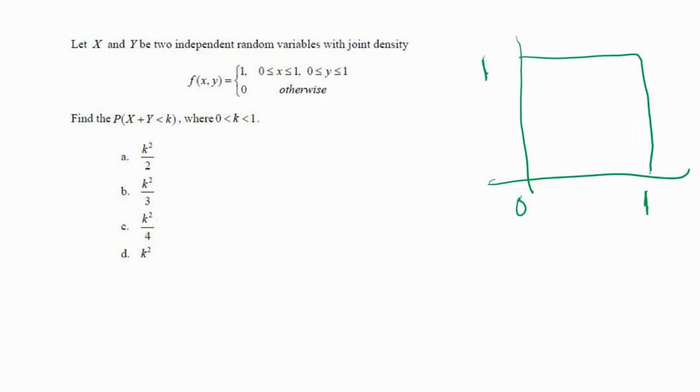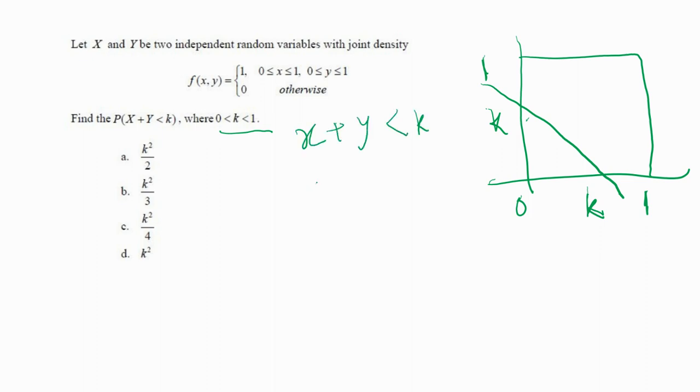This will be the region where the PDF is defined, and we want to find the probability x plus y less than k, with k between 0 and 1. This will be k, right? Because k is less than 1. So let's say it is somewhere here, and then x plus y less than k.